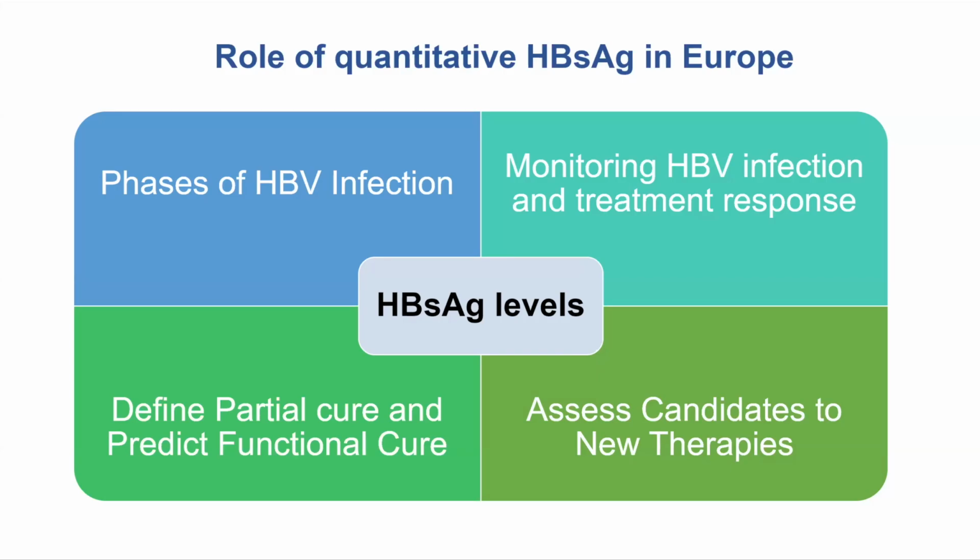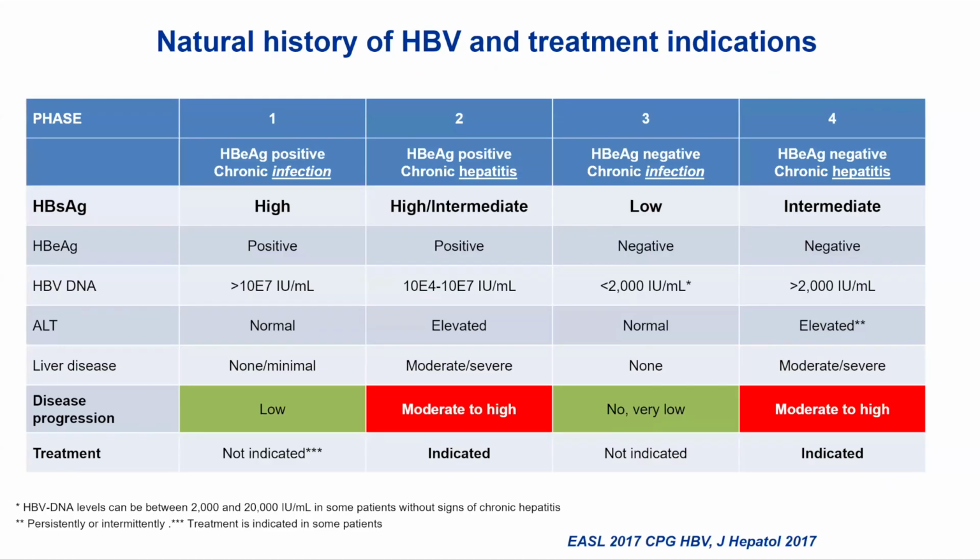Let's start with the natural history of HBV and treatment indications, and these are the EASL guidelines. EASL guidelines recommend the use of quantitative HBs antigen to help to determine the stage of the infection. E antigen positive chronic infection, that are immune tolerant patients, are those with the higher levels, then the levels decline in those with chronic hepatitis, and even lower in E-negative chronic infection, inactive carriers, or E-negative chronic hepatitis.